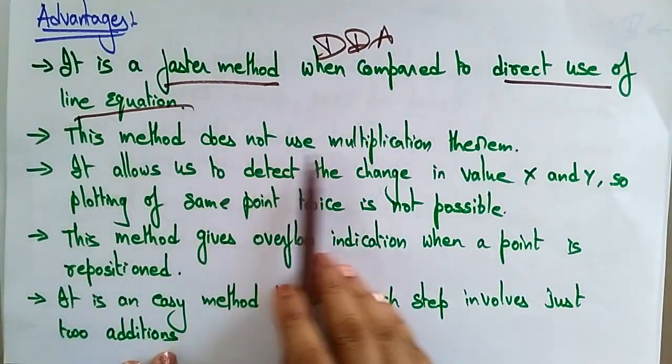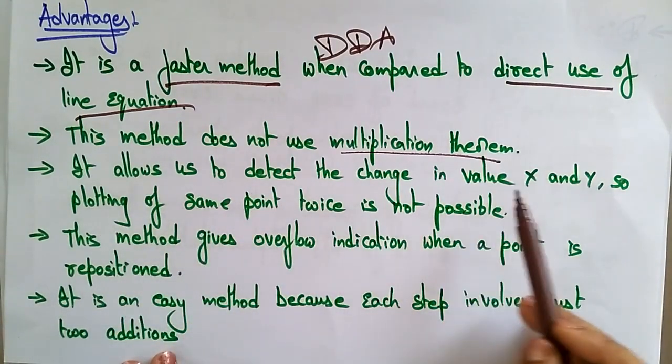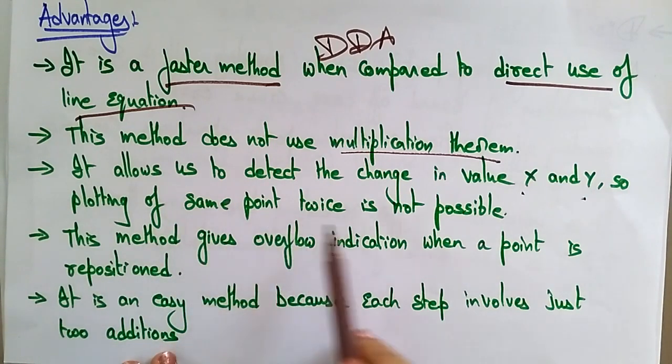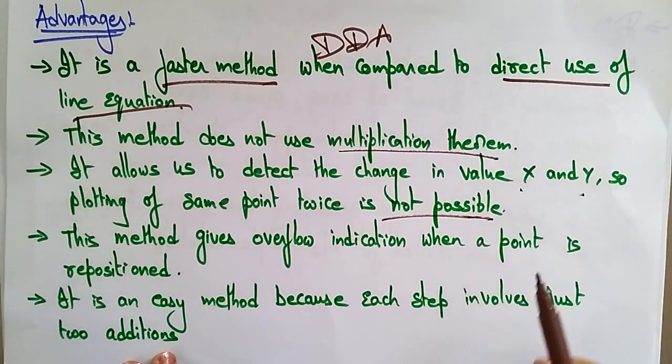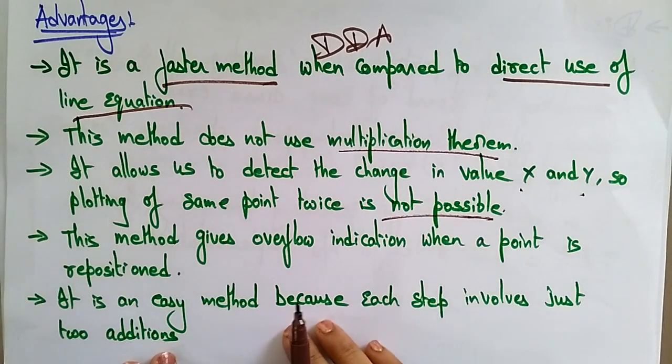This method does not use multiplication. It allows us to detect the change in values of x and y, so plotting the same point twice is not possible.